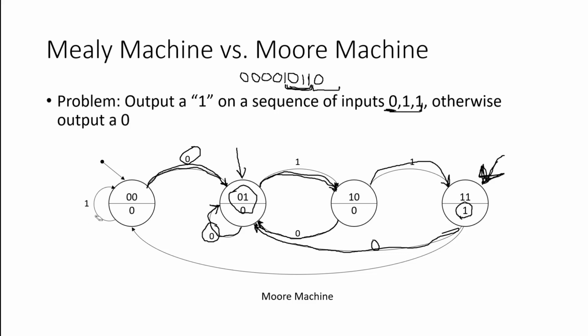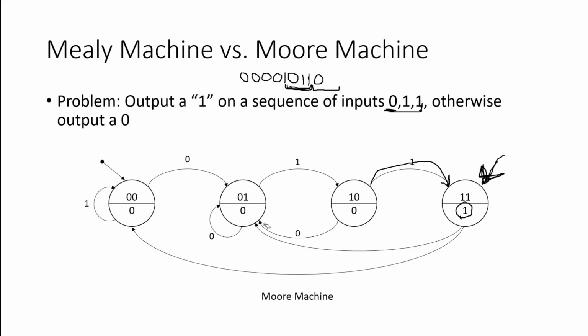I'm just going to erase this diagram a little bit to make it a little neater. All right, if I am in state D or state 1, 1, that's my final state here, after I've received 0, 1, 1, and I receive a 1, well, that can't be the start of another 0, 1, 1 sequence because there's not a 0 here.